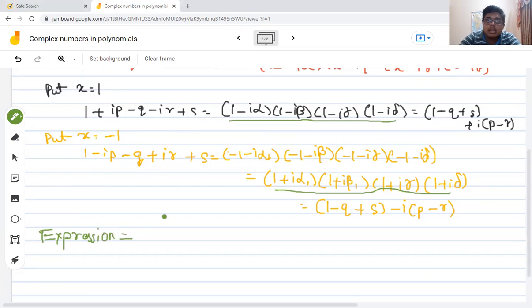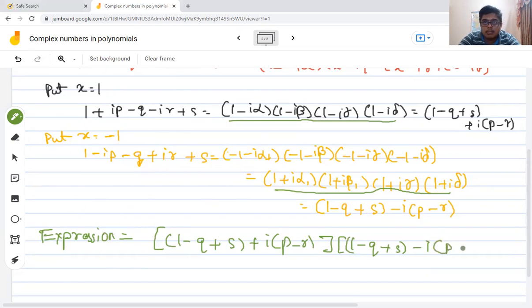I would not be writing the whole thing. It's evident from the last page. So the expression would just be equal to 1 minus q plus s plus I times p minus r, times 1 minus q plus s minus I times p minus r.